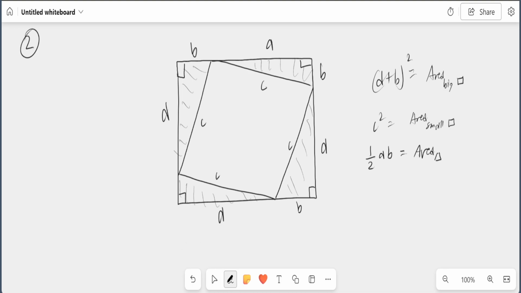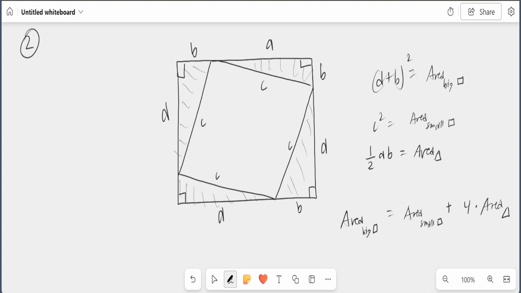So we know that the area of the big square is equal to the area of the small square plus 1, 2, 3, 4 triangles. So 4 times the area of a triangle.